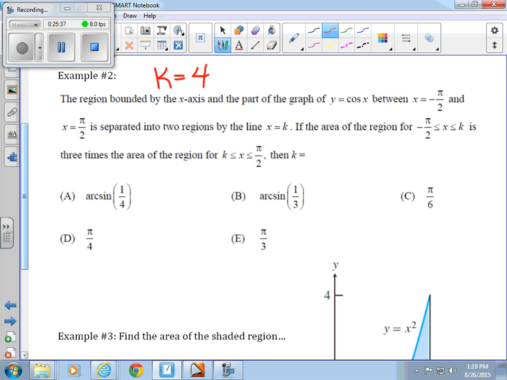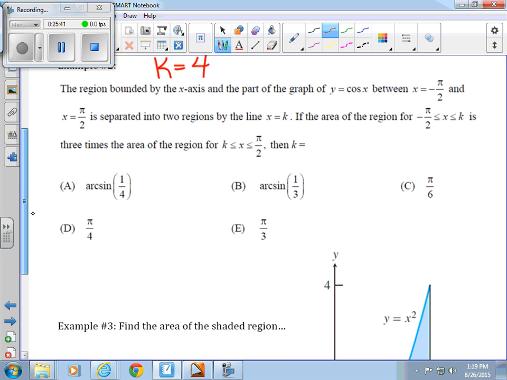So, are there any ideas? You might want to draw a picture. Might help. So I have cosine of x from negative pi over 2 to pi over 2.